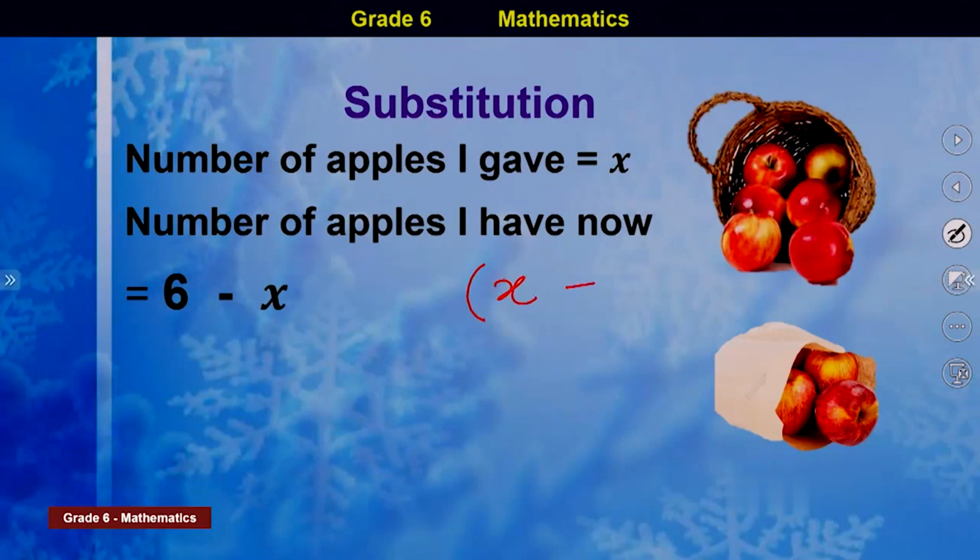x equals 4. Now we are going to substitute x equals 4 for the algebraic expression 6 minus x. This is how we do this.